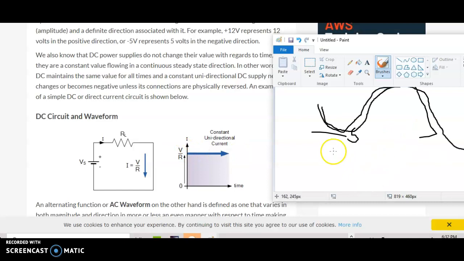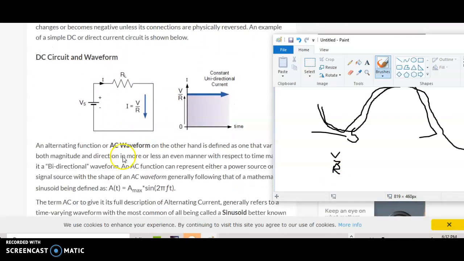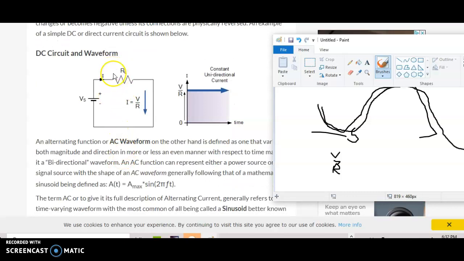So if you do voltage divided by R, which I think represents this resistor, yeah, voltage divided by R, so you can see the current I is unidirectional current.